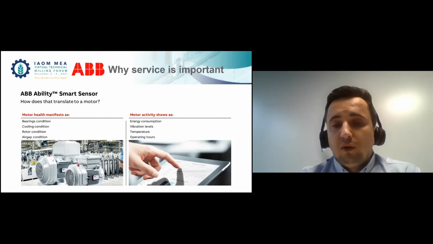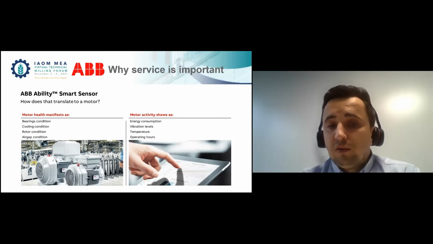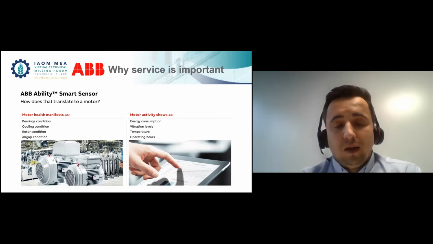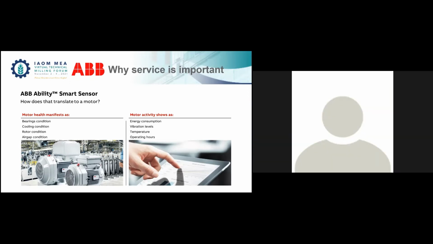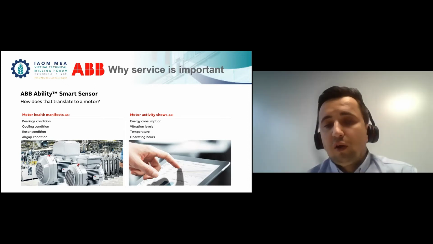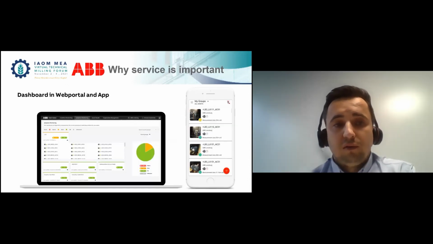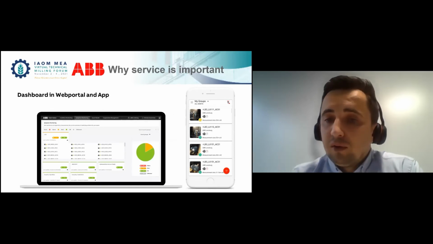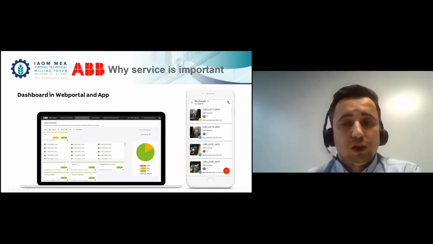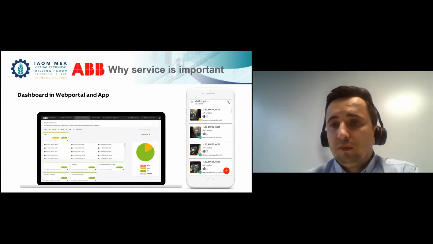And then you can see, okay, the motor needs to be regreased, or the alignment of the motor is not good, and such stuff. Also, the operating hours, the starts, and everything is counted and shown in our dashboard.